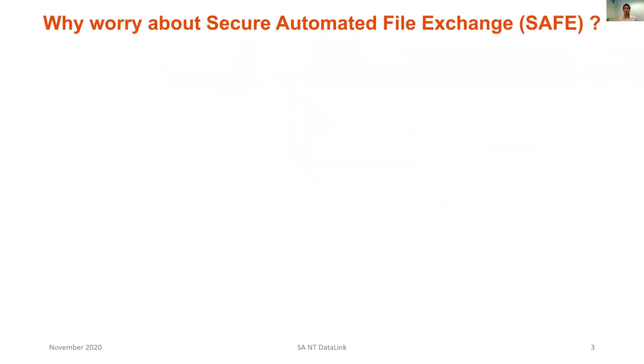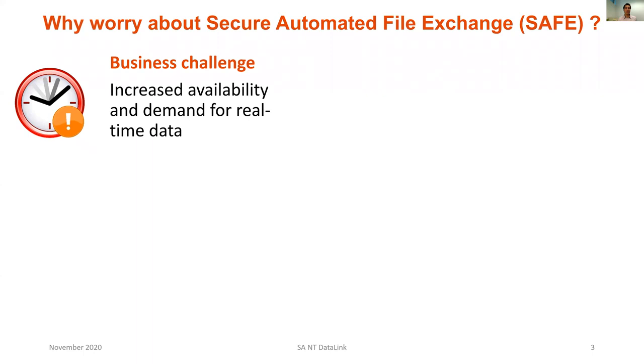So why did we decide to work on a model for a secure automated file exchange? Well, with the explosion in data being collected and made available for analysis, linkage units receive an increasing amount of data, and at the same time, researchers also expect access to more current data.